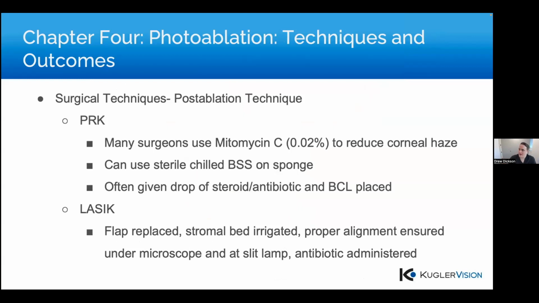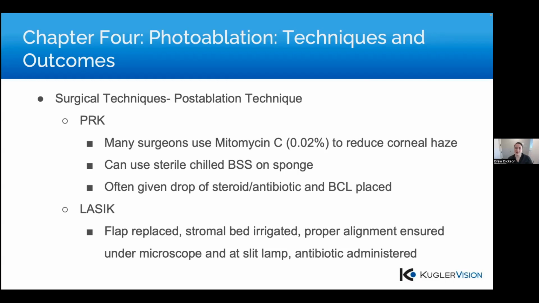With PRK, we'll talk about some of the post-ablation steps now with each procedure. After the ablation is performed with PRK, a lot of surgeons will use mitomycin C 0.02% to reduce corneal haze. Mitomycin C is typically applied for somewhere between 12 seconds to 2 minutes.